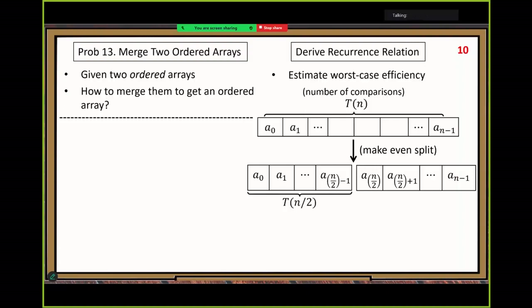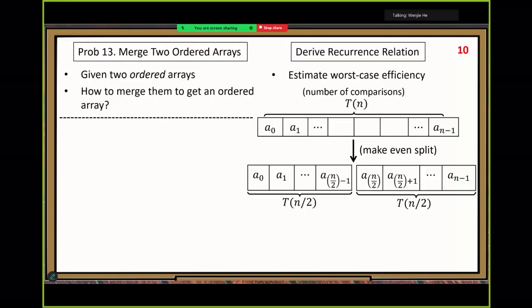Then to sort the first subarray, we use capital T of n over 2 comparisons. The second also takes T of n over 2 comparisons. But there is a merge step.